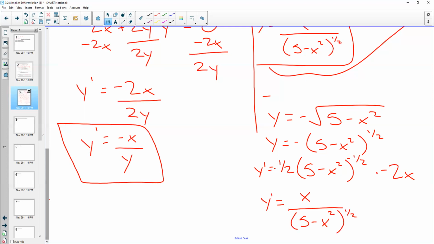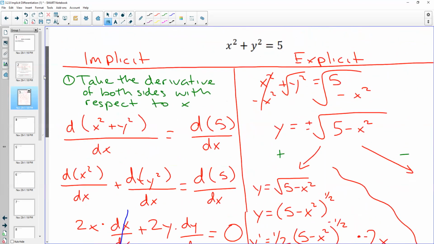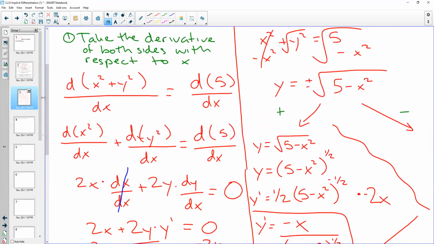Okay, so we had implicitly differentiated. We found that y prime is equal to negative x over y. Okay, we didn't have x written in terms of y, but when we did that implicitly, we did. So we know that y is equal to the plus or minus square root of 5 minus x squared.